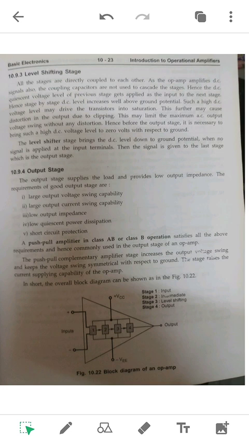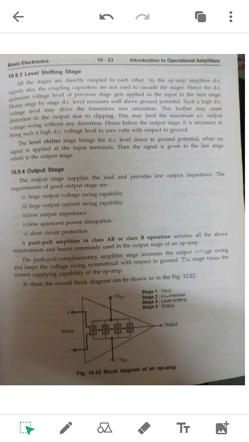Second, large output current swing capability. Third, low output impedance. You can compare this with the input stage. Always remember, at the input we require high input impedance to avoid noise and distortion, but at the output stage we always require low output impedance. Then, low power dissipation and short circuit protection.